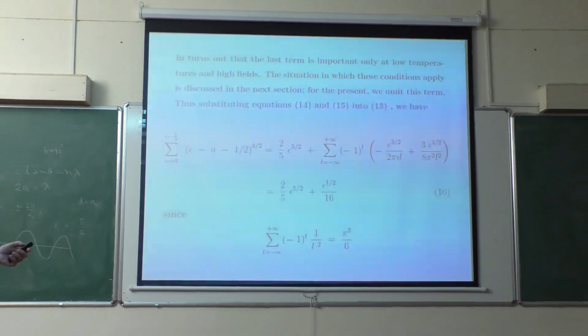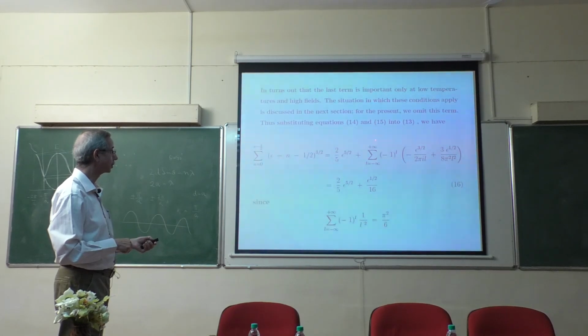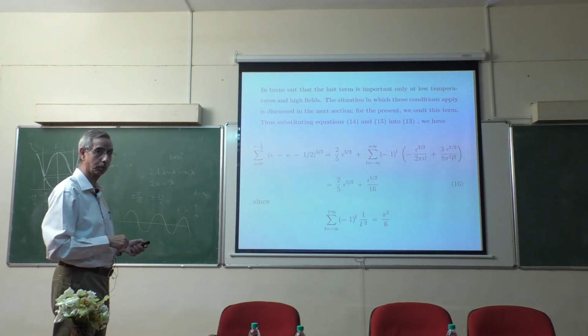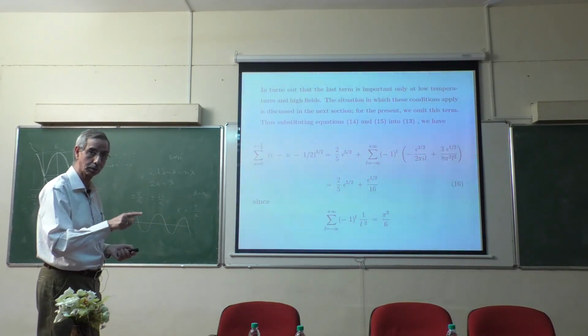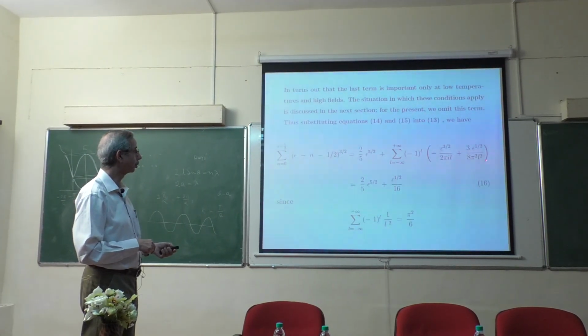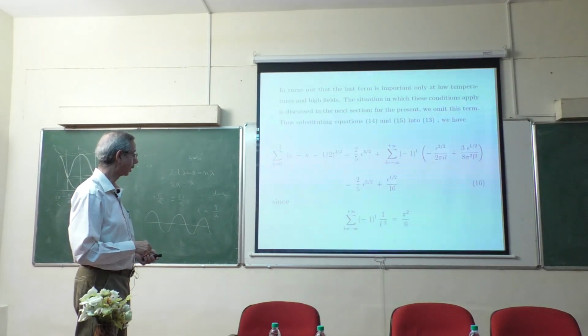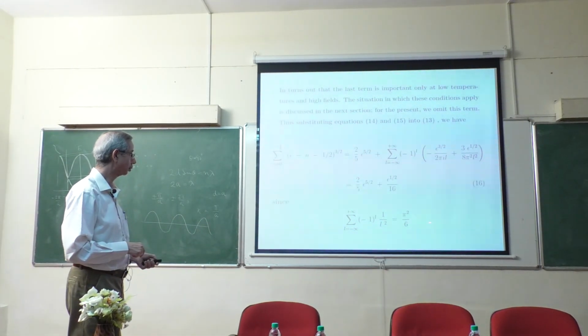So now, as you can see, when it is 1 by L, and L goes from minus infinity to plus infinity, this does not contribute at all. This summation over L will go to 0. And so you are left with only this term, summation, which gives you this value. You remember what this is?